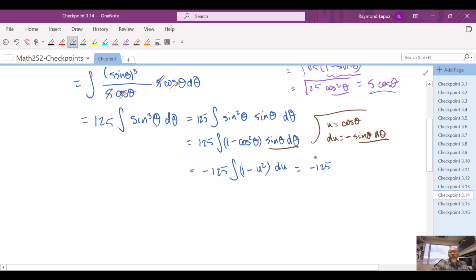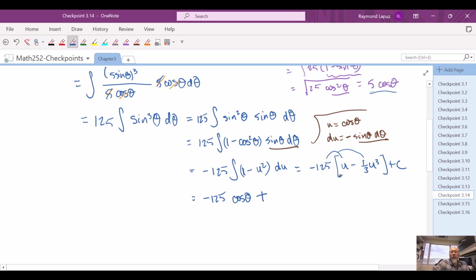We integrate this. This is going to be negative 125, and then the antiderivative of 1 is just going to be u, and then we have a 1/3 u cubed plus c. And we need to change everything back into the sine and cosine. So we have a negative 125. I'm going to go ahead and distribute this as well. And u was equal to cosine theta.